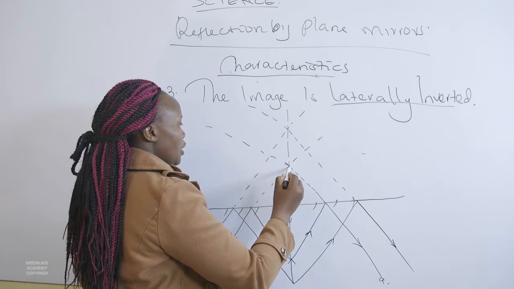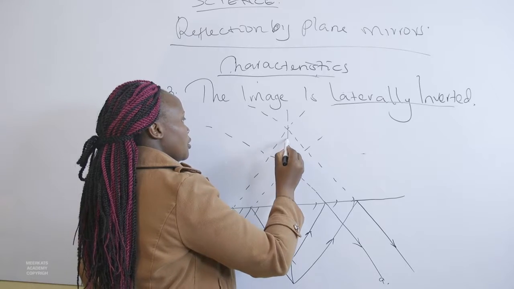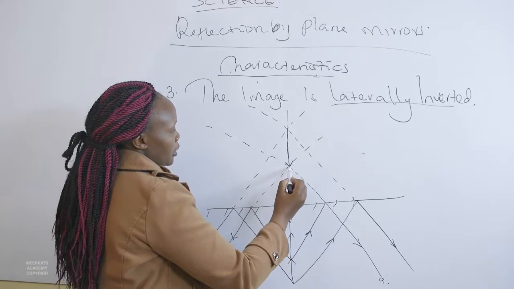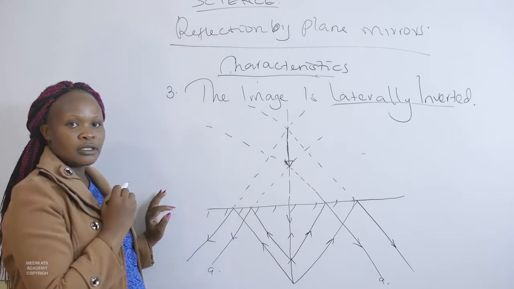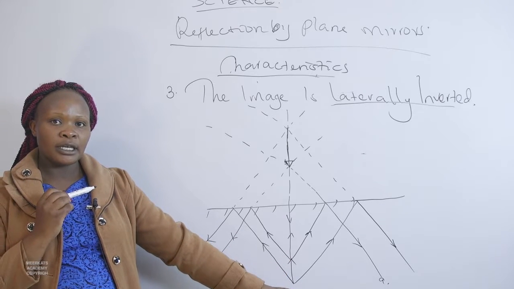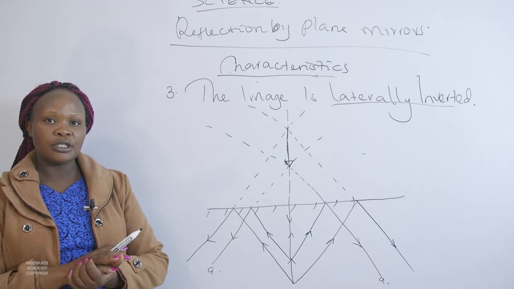So if we are to draw our image, it will appear like that, so that now the arrowhead is at some point there, and then the tail of the arrow is at some point at the bottom.